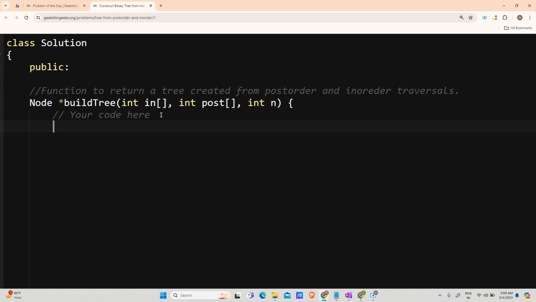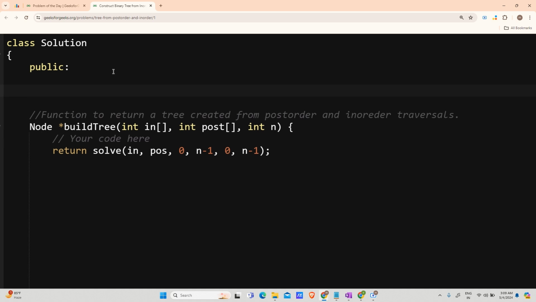So the driver function has nothing to do but just to call my solve function, that is, return solve. That is my building function actually. I will send both the arrays, the starting point as 0 and -1, 0 and -1. This is for the in start and in end parameters, right? Now the function returns a node star, and its name is solve.